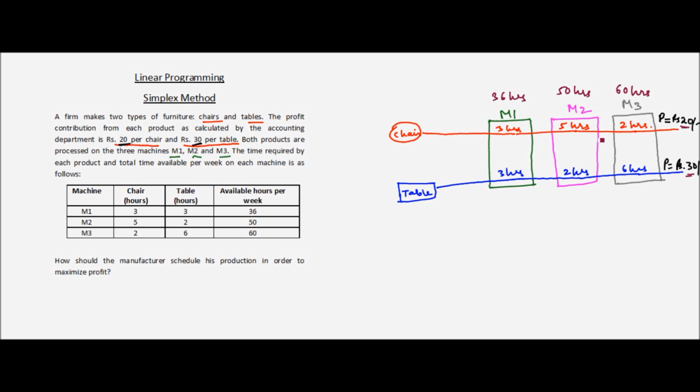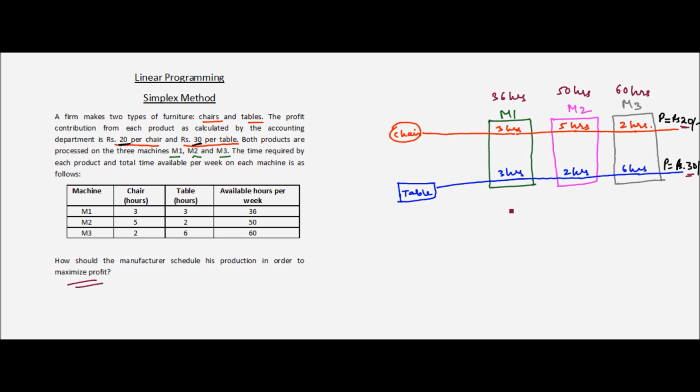So now we have to balance all these and find the schedule of production in order to maximize the profit. Basically, how many chairs and how many tables should we produce such that these constraints are not violated, and at the same time we can maximize the profit.